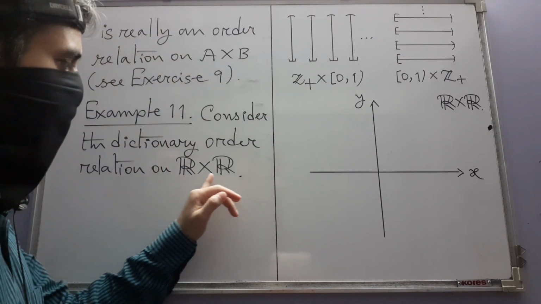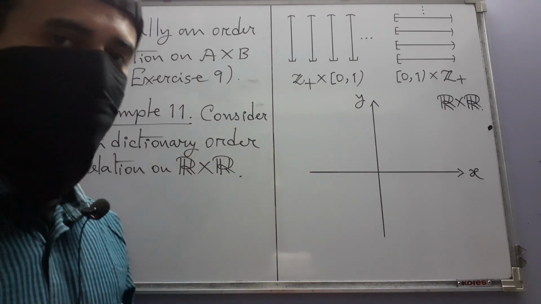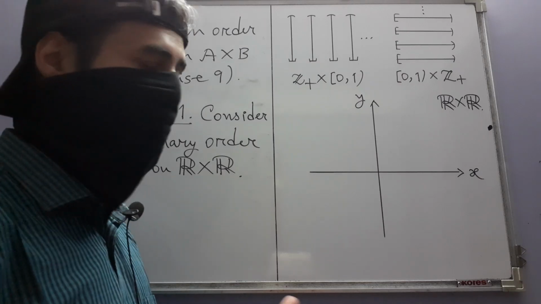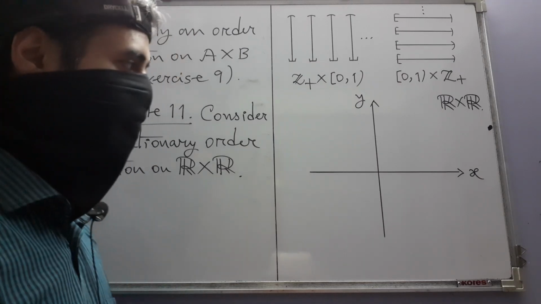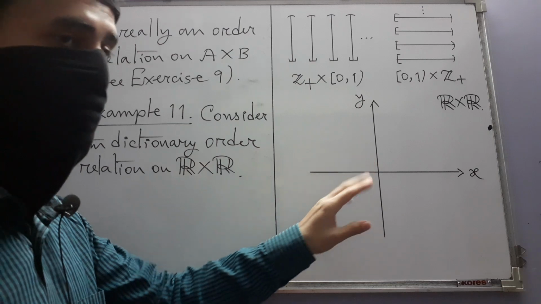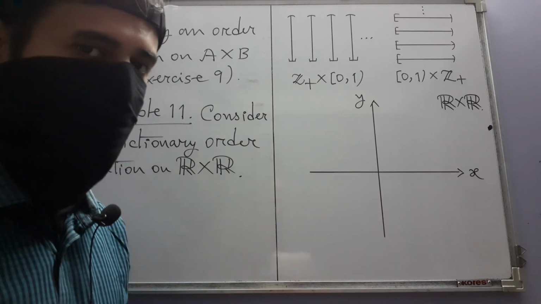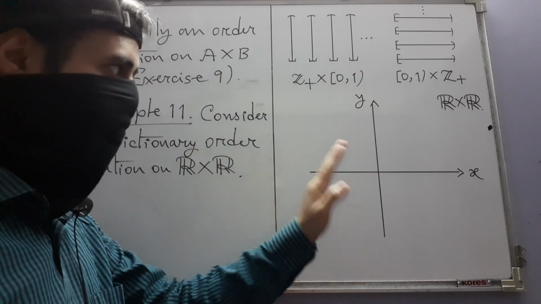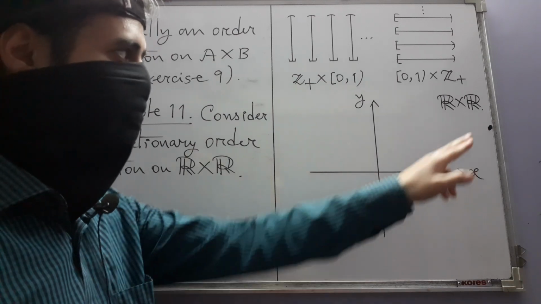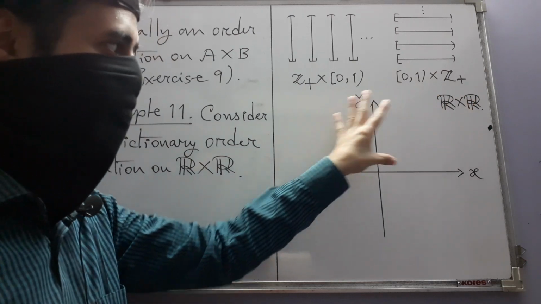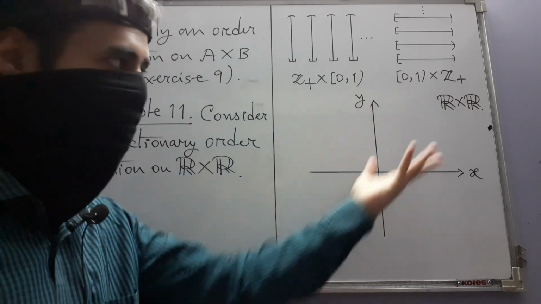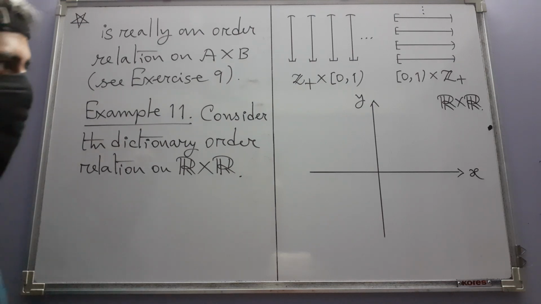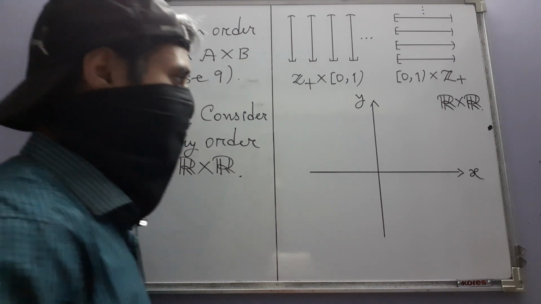Truly speaking, R times R is not this plane. It's a set of some objects which are ordered pairs of real numbers. But this is a geometric representation of that set. Strictly speaking, these two are not the same thing, but according to the association we have set up between elements of this set and points on a plane, we call this the plane. Alright, so let's consider 2 points arbitrarily.